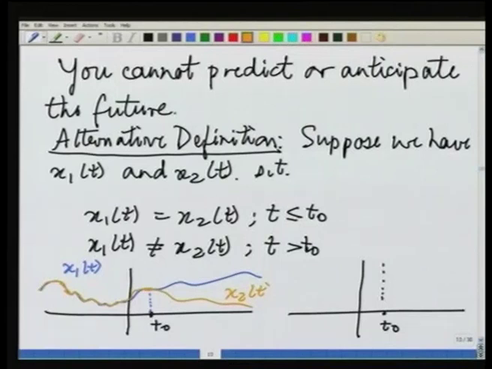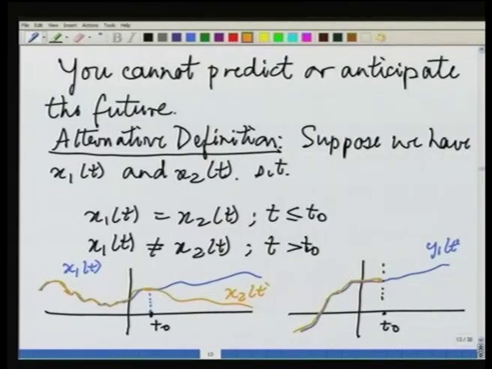Now, let me draw y1(t) and y2(t). y1(t) first. Let us say that y1(t) is this. This is y1(t). Considering y2(t), we will find that for a causal system, as I said, y2(t) will match y1(t) exactly, up to the point t naught, up to and including the point t naught.